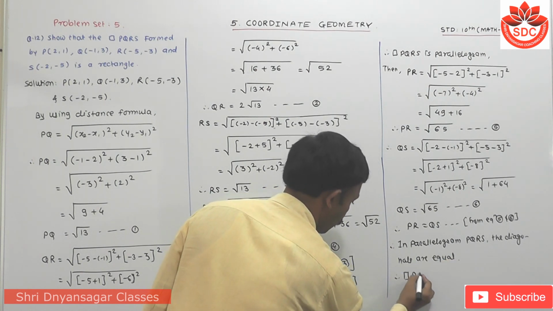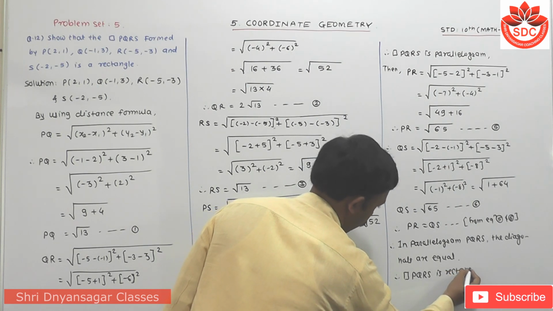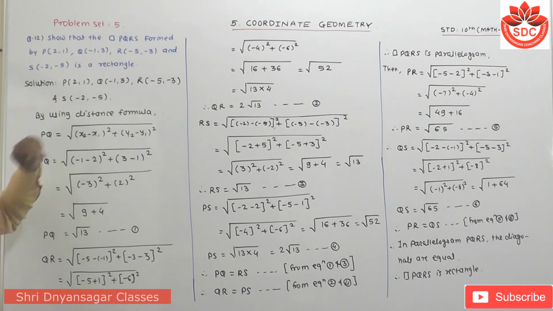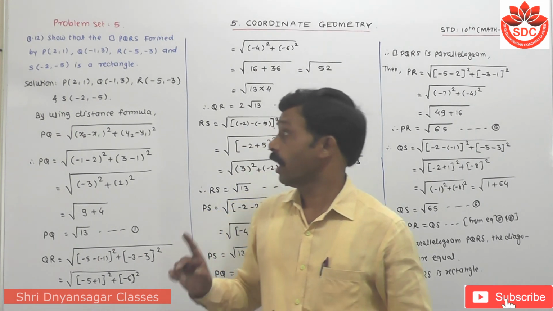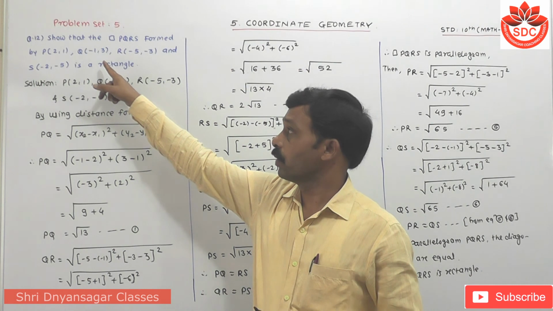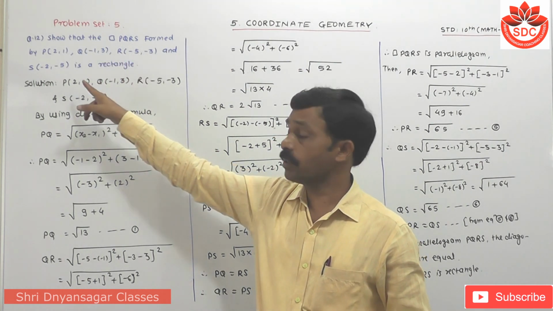Therefore, this quadrilateral PQRS is a rectangle. We have to show that these are the vertices of the rectangle. So you have to write the answer in a full sentence. Look here, you have to write the answer in a full sentence. Answer is that therefore P(2,1), Q(-1,3), R(-5,-3) and S(-2,-5).